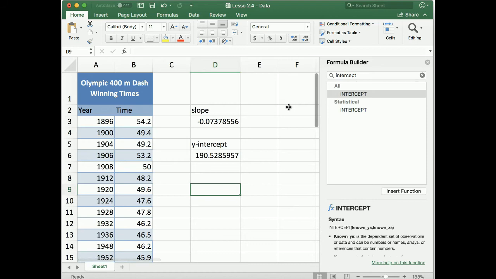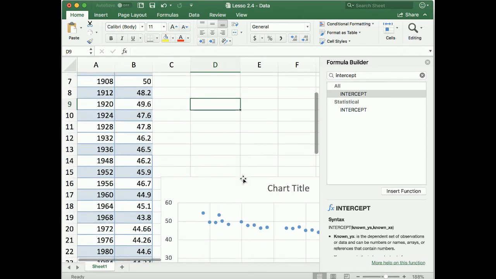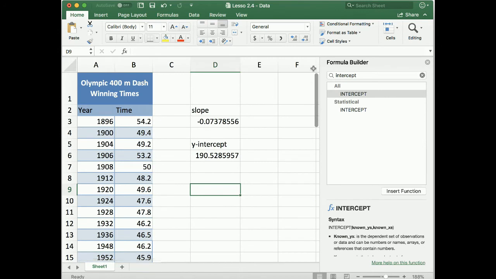which I'll go back and write it down here, we did the scatter plot, which is there. Our trend line has a slope of negative 0.07379.